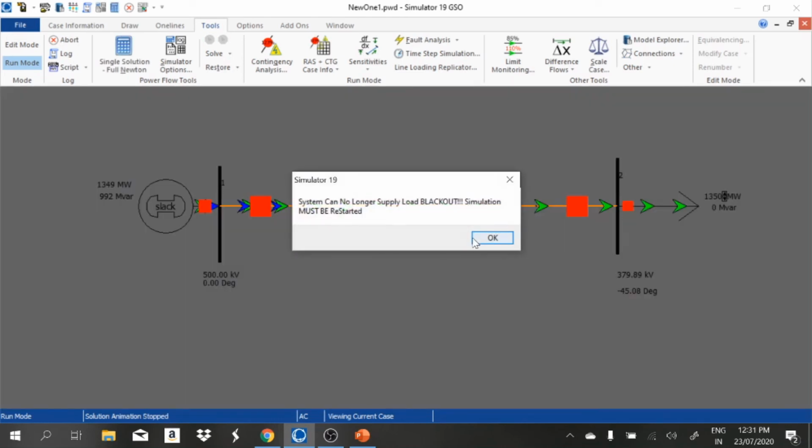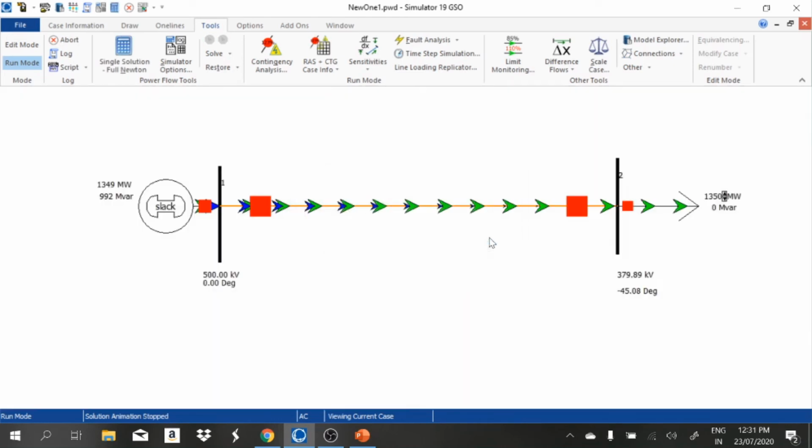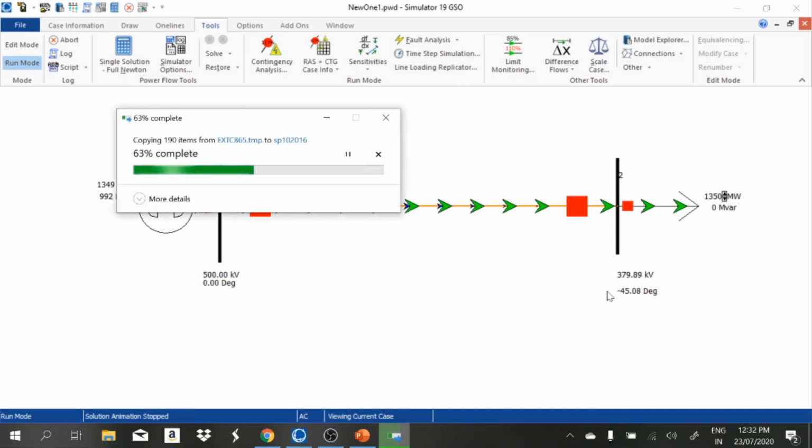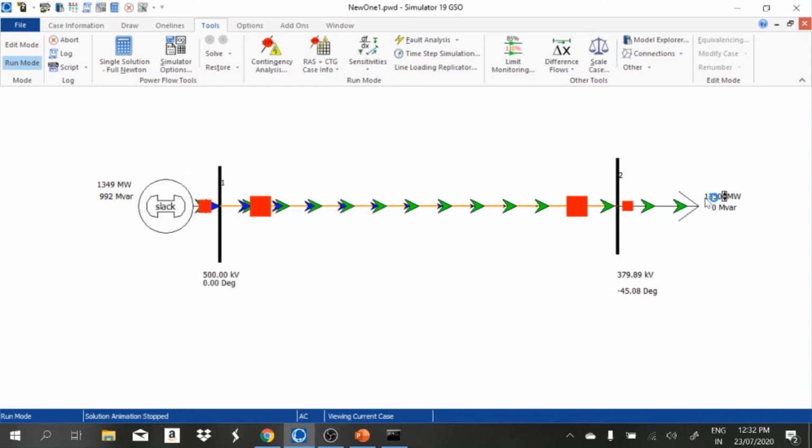We increased the load and identified 1350 megawatt at the angle of 45°. The 45° is the steady state stability limit. Though we can go up to 90°, if we consider the reactance of the line and the reactance of the generator, the power angle is limited to 30 to 45°. If we go beyond 45°, the system becomes unstable.